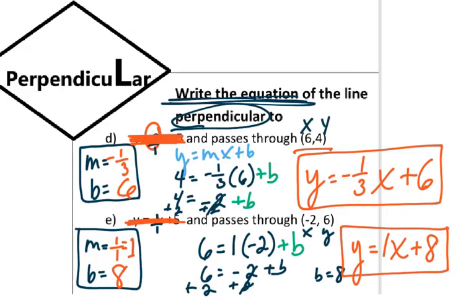So my answer is y equals 1x, which is the same as x, plus 8. Very easy.